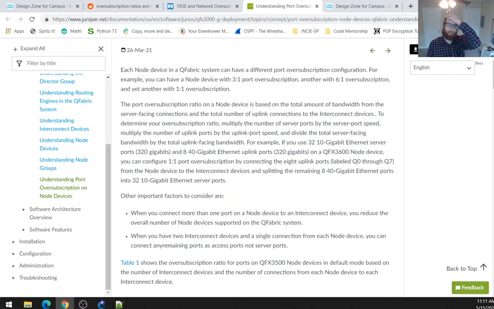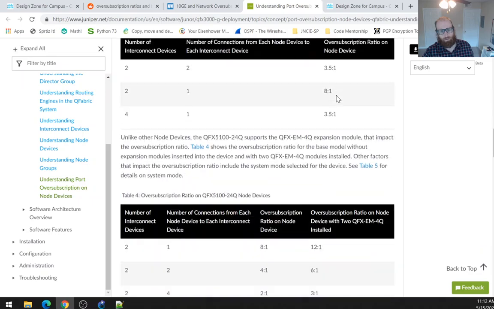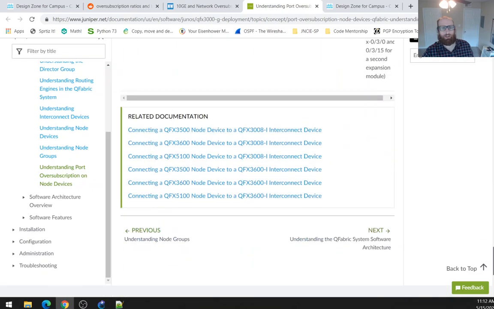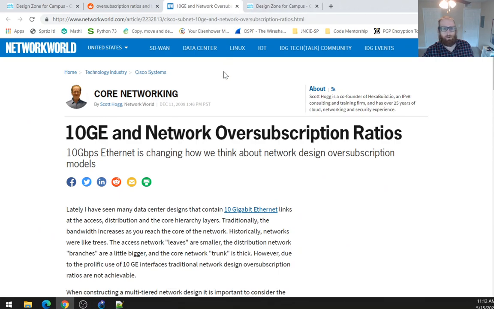Yeah, see, and here gets really tricky because they don't tell you. I mean, I guess you can kind of figure it out. I think mostly it's access to uplink ratio instead of uplink to access ratio.